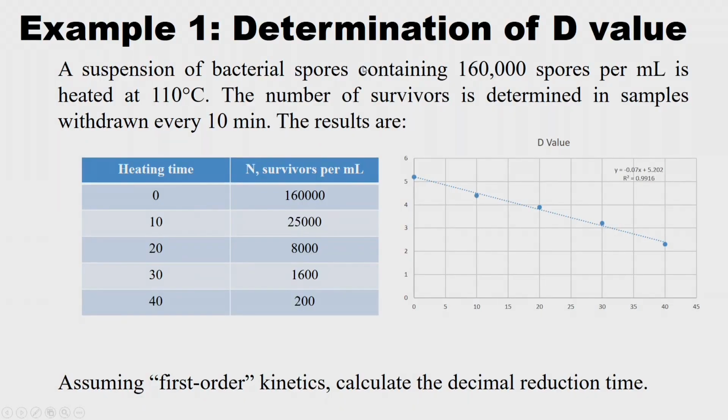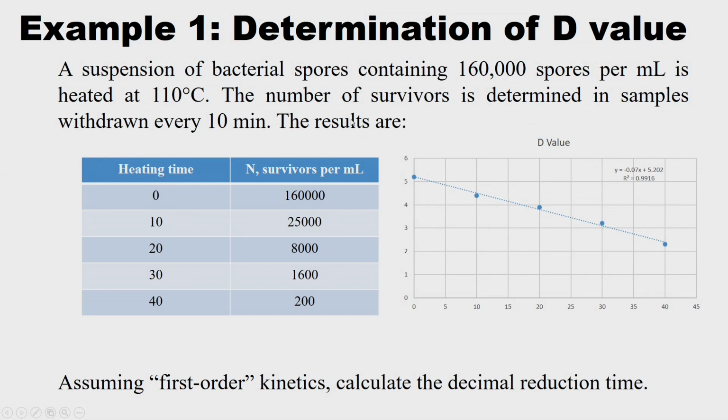Right. So the first example is determination of D value. The problem goes like this: a suspension of bacterial spores containing 160,000 spores per ml is heated at 110 degrees centigrade. The number of survivors is determined in samples withdrawn every 10 minutes.